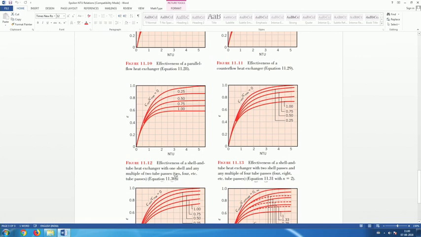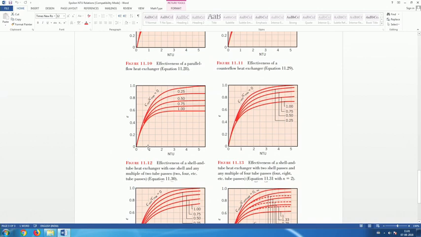So, we have the first case, which is 1 shell 2 tube passes, and the value of NTU we just calculated is about 0.968, which is about 1, and we need to find out what is the value of epsilon for such a case. So, from NTU equal to 1, since my CR is 0, we go all the way up to this point and come over here and find epsilon.